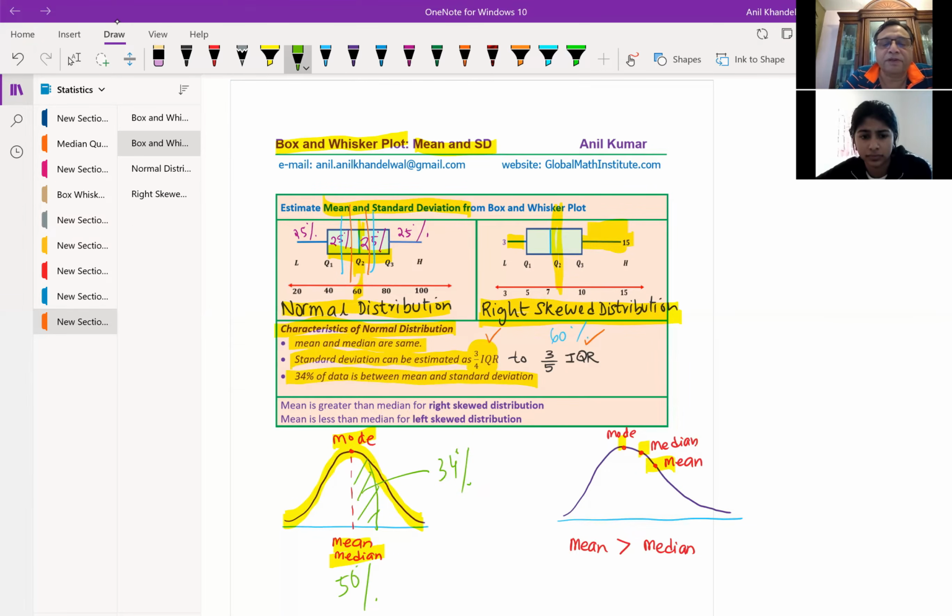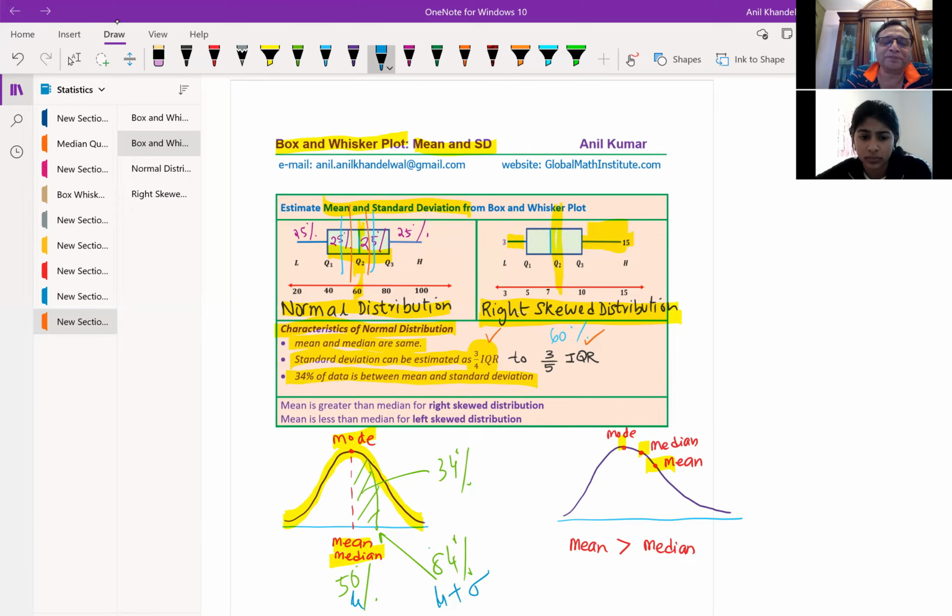So 50 plus 34 gives you this particular point, which is at the 84th percentile. So the difference between the 84th percentile and the 50th percentile, which is the mean, gives you the standard deviation. This point is basically mean plus the standard deviation. This point here is the mean. So from their difference, we can estimate the standard deviation.